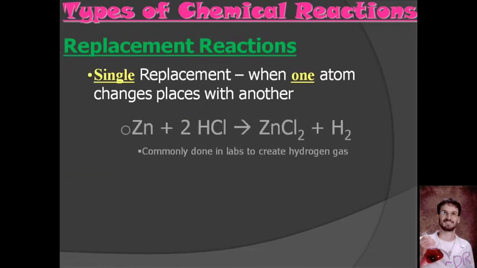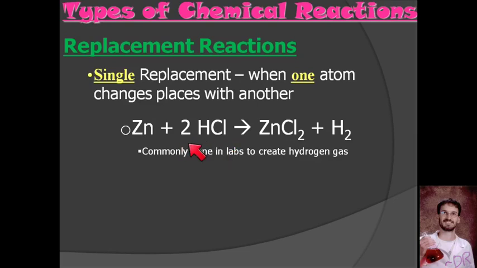The other 2 kinds of reactions are both replacement reactions. There's a single and a double. So a single replacement reaction occurs when 1 atom changes place with another atom. So this is another reaction that we did in lab. This is the one that we used to make hydrogen gas. We had zinc and we combined it with hydrochloric acid.